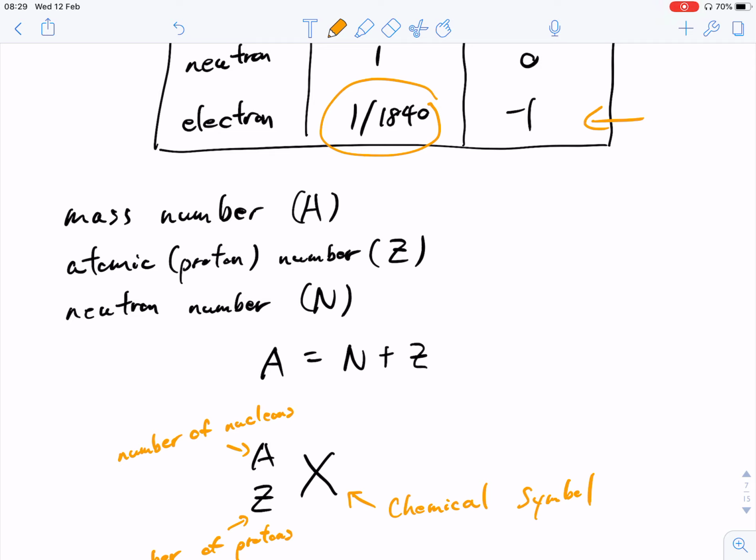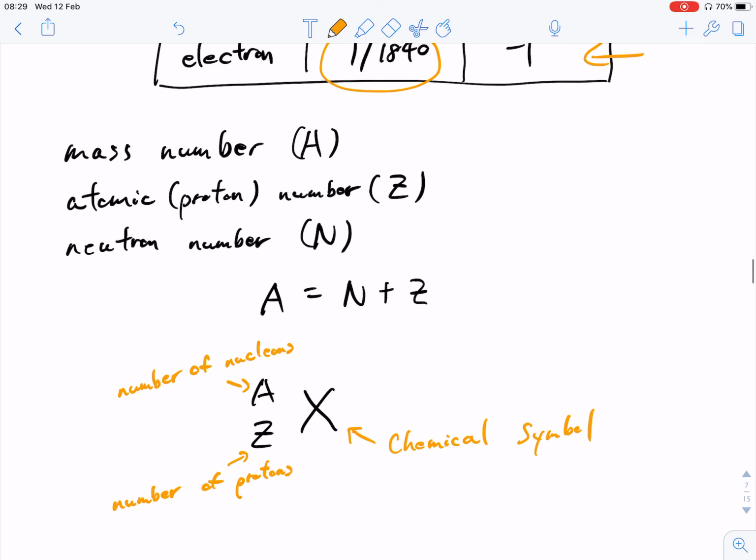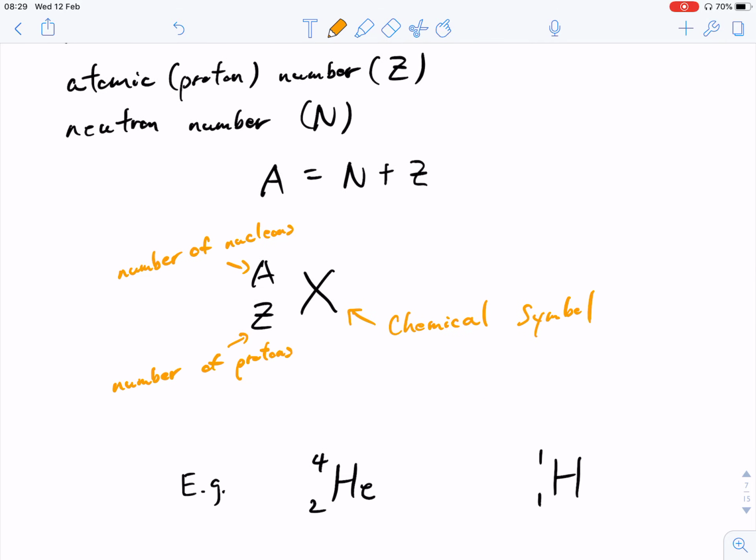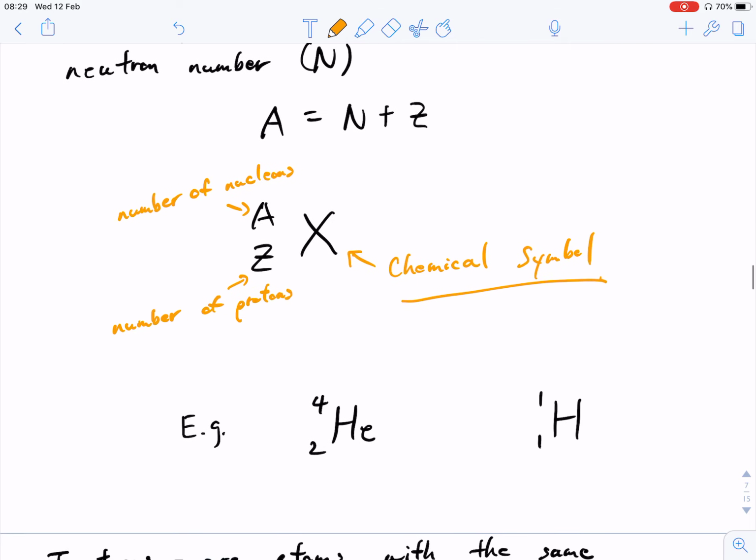Next up, the atomic or proton number is Z, and the neutron number is N. Generally speaking, we write things with the chemical symbol represented by the letter X, the number of nucleons A, and the number of protons Z.